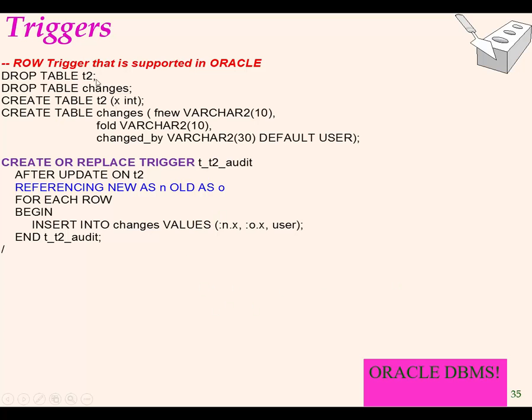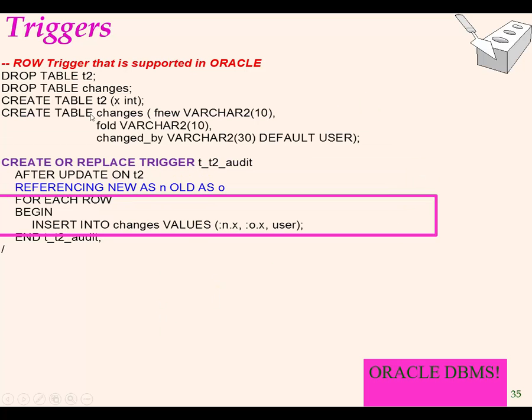Another trigger example. So I have a table T2, I have a table Changes, and what I want to do, I'm going to create or replace trigger, that's the name of the trigger. After update on T2, I want to insert into Changes the old and the new value and the user that made the change. So that's pretty cool.